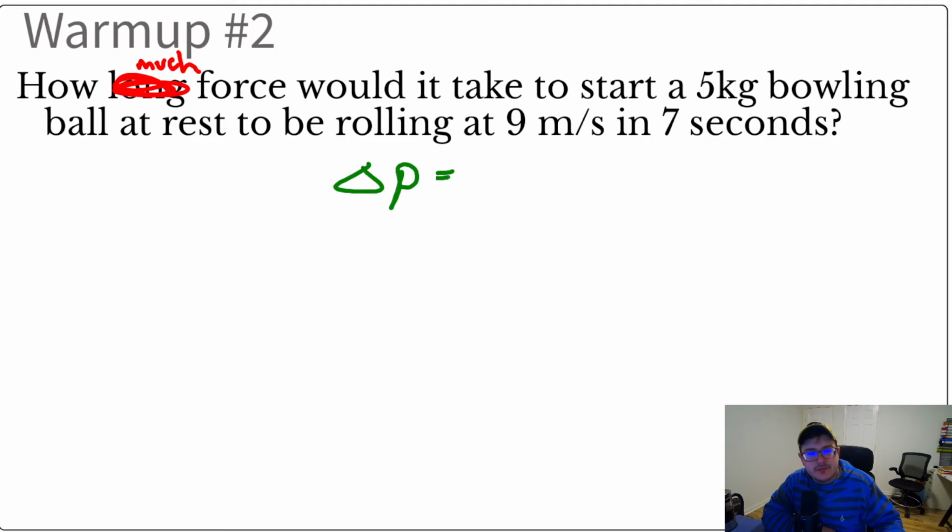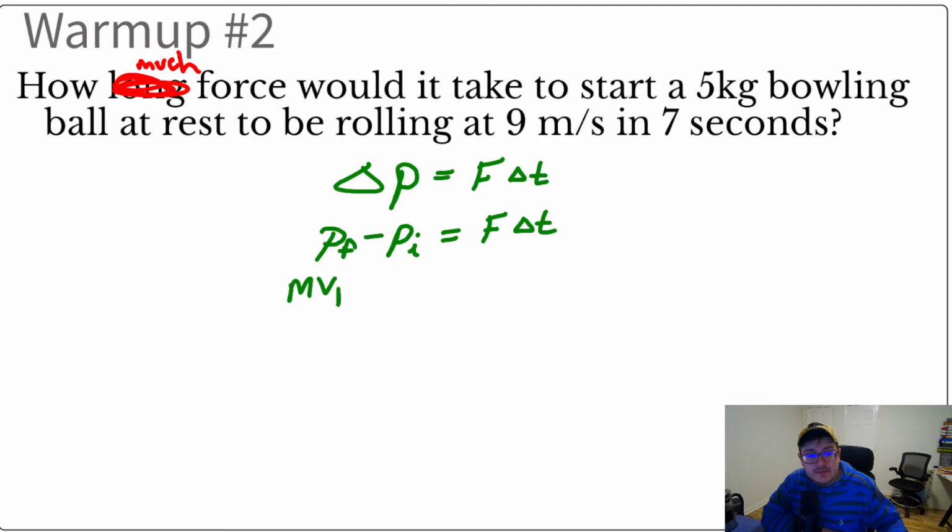All right. Change in momentum, or impulse, equals force delta t. So we have final minus initial equals force delta t. We got mass times velocity final minus mass times velocity initial equals force delta t.